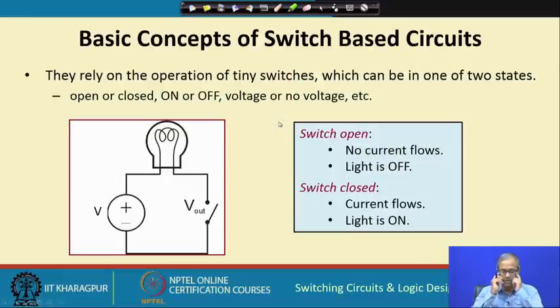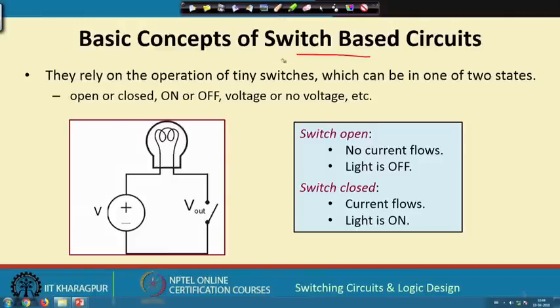Today, as I said, most of the circuits we see are based on the CMOS technology, and CMOS technology is designed based on the premise of a switch, an electronic switch, a switch closing and a switch opening. Let us try to understand the concept.